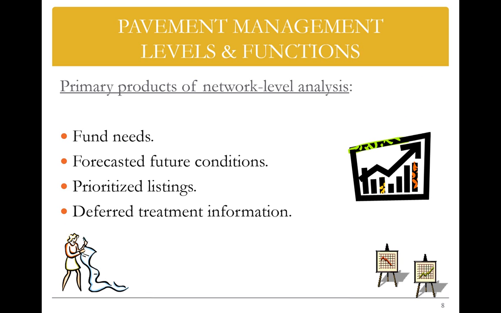We cannot do this unless we have a good record of all the data from the last 20 or 30 years, which allows us to predict the pavement performance in the future. The third product is prioritized listings: a list of the major issues that we have, a list of how we can fix those roads in the best way, and also deferred treatment information.